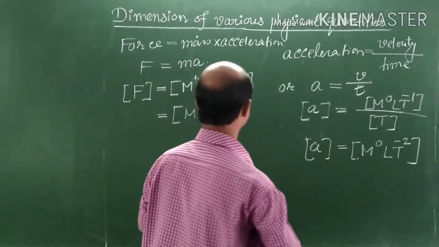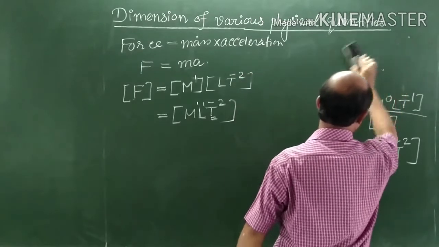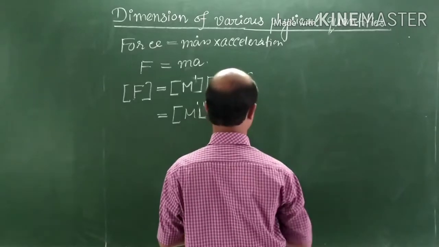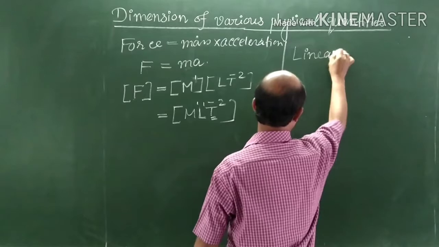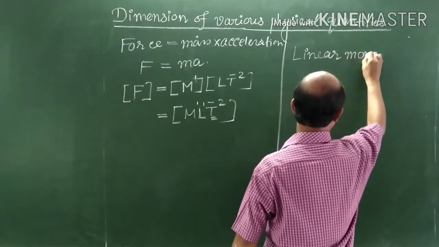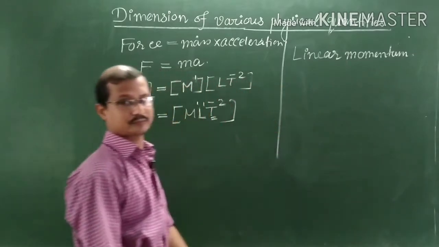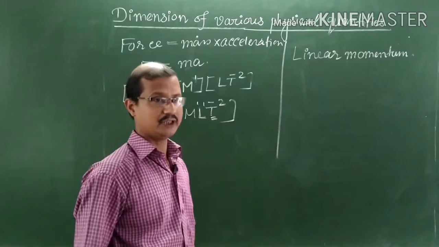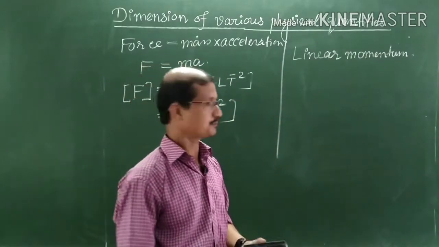Similarly, you can determine the dimension of linear momentum. What is linear momentum? Linear momentum of a body is the product of mass and velocity.